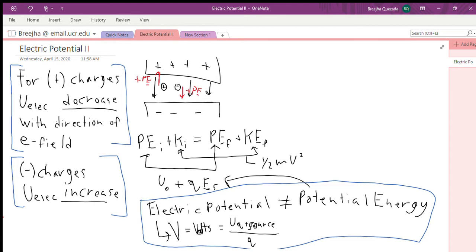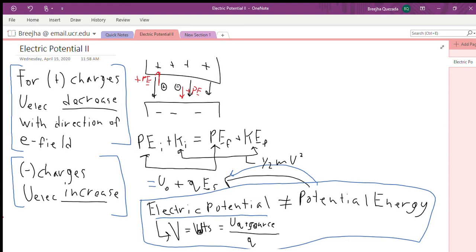So electric potential is the newer term that we've just been introduced to. We have this new term V, which is volts, and it's given as the electric potential energy of Q plus some source over the charge value. And so potential energy, as we see here, is related to U naught plus QES.